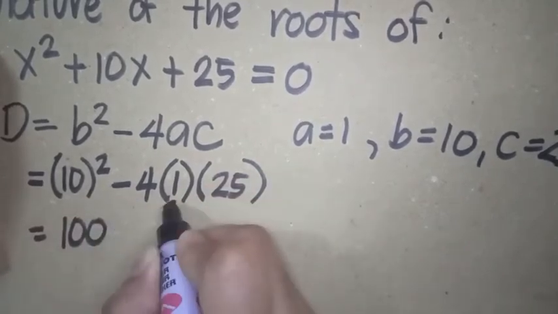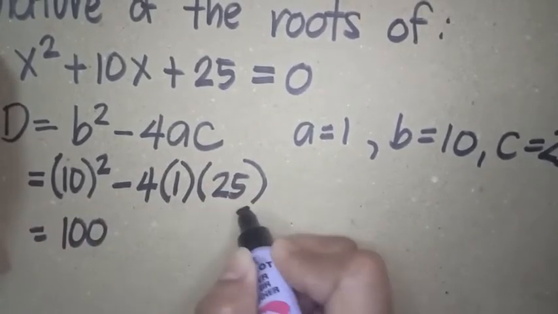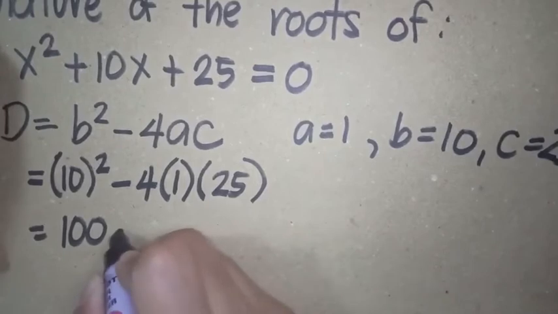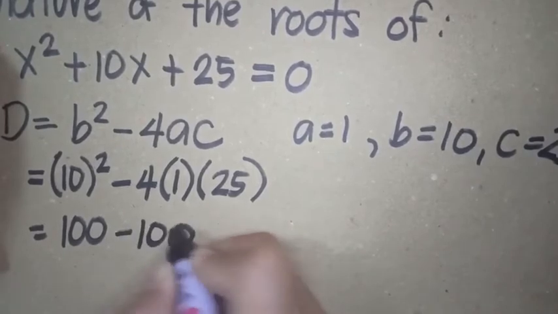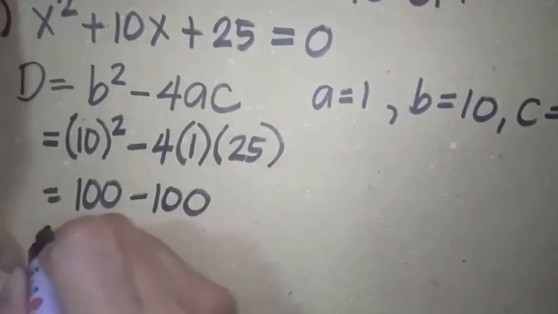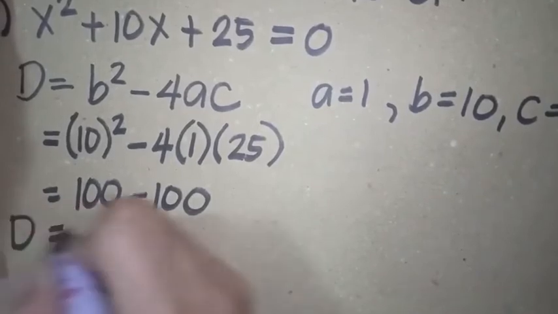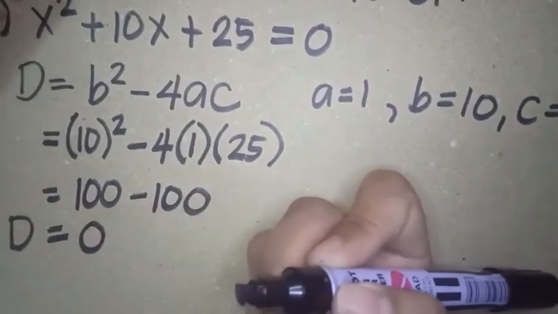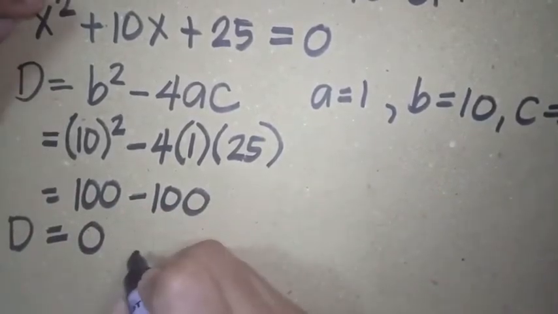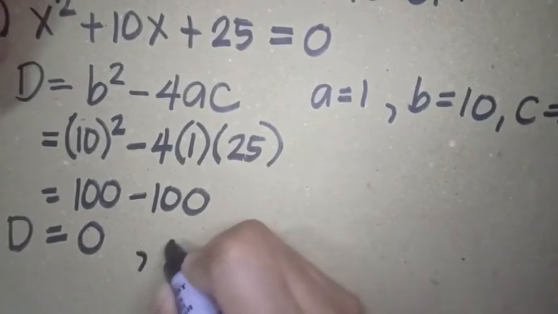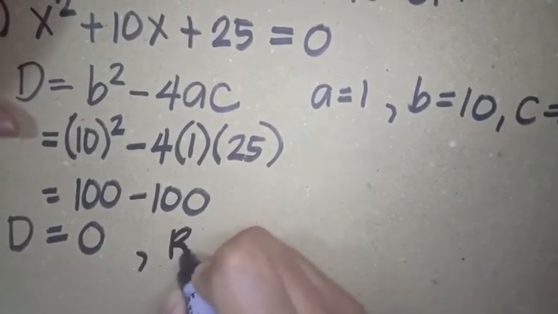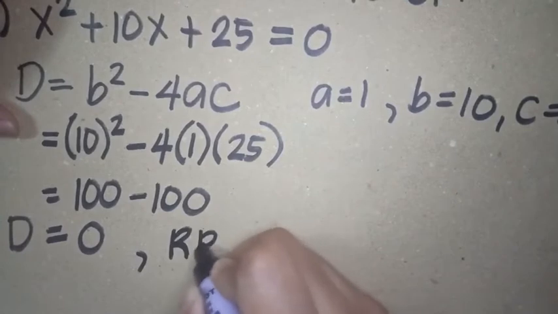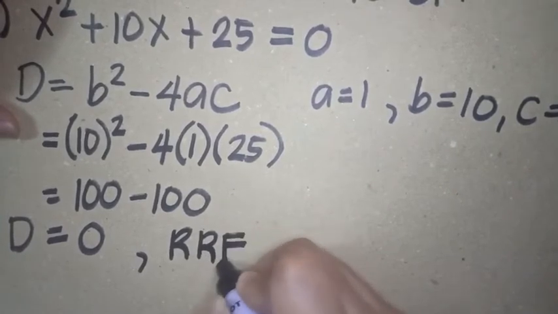Then, negative 4 times 1 is negative 4 times 25. So, you have negative 100. So, subtract 100 minus 100. So, therefore, ang discriminant natin ay 0. So, if the discriminant is 0, therefore, the nature of our roots is real, rational, and equal. Okay?